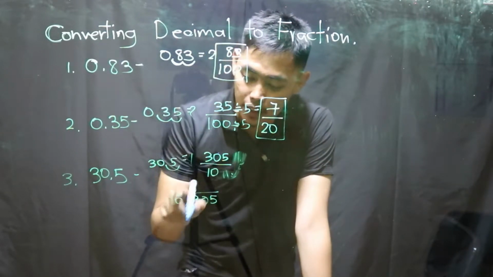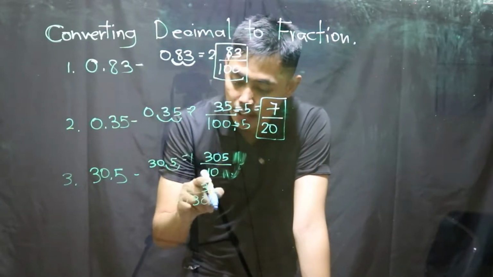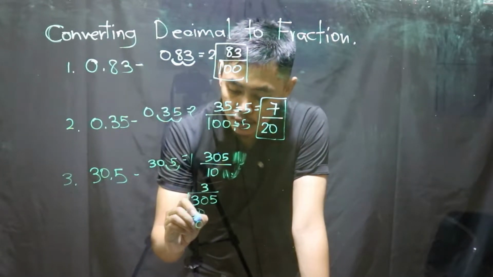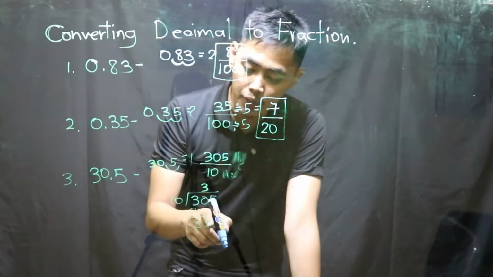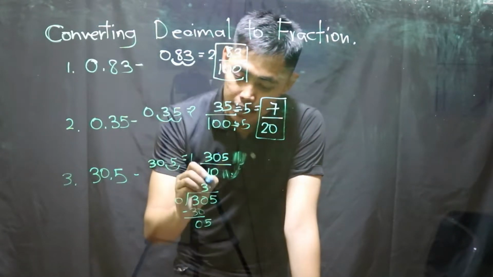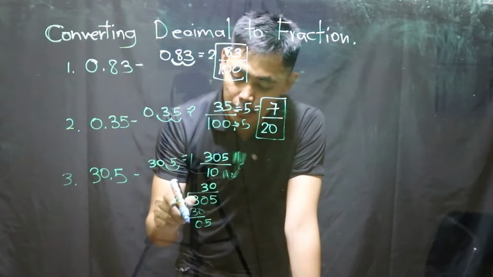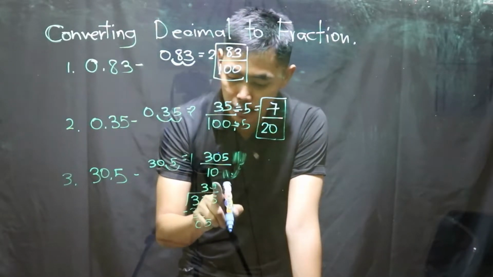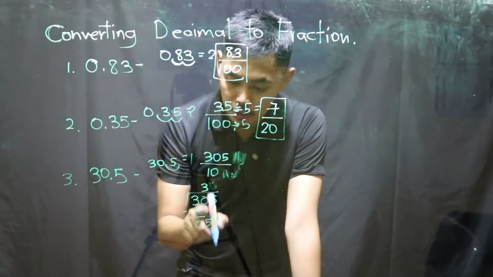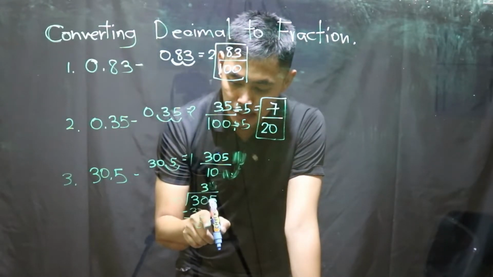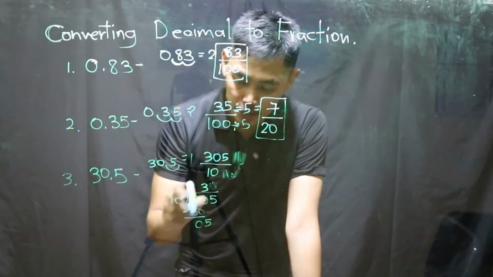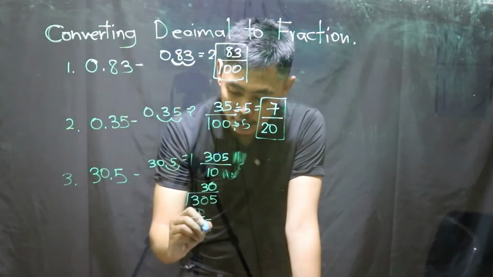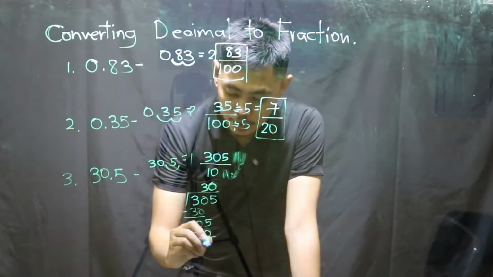We have 30 divided by 10, that's 3. 3 times 10, that's 30, minus, then this is 0, bring down 5. 5 divided by 10, that is 0. 0 times 10, that's 0 here, and then minus, then bring down 5.